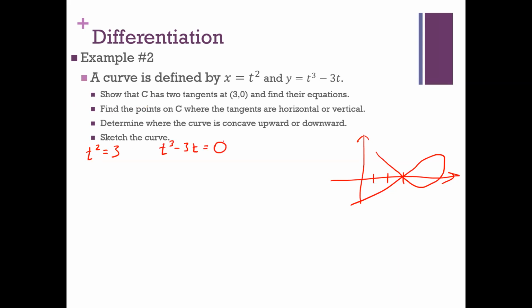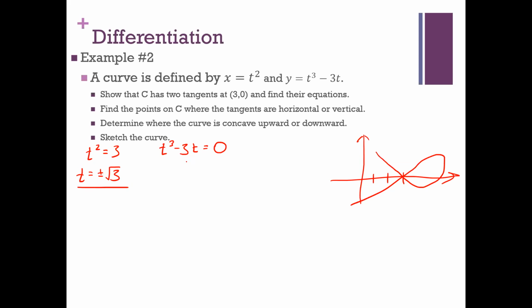Do I have to solve both of those? Well, you could, but they better give you the same information. So in either case, we're going to get t equals plus or minus the square root of 3. So I think that's good enough to show that this thing has two tangent lines.